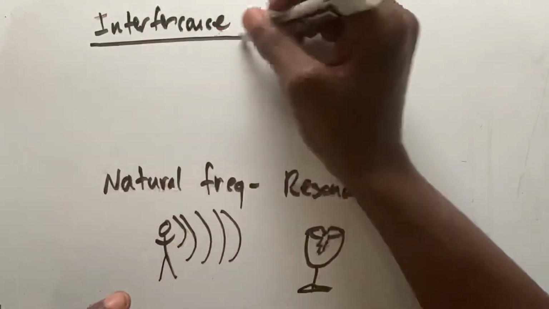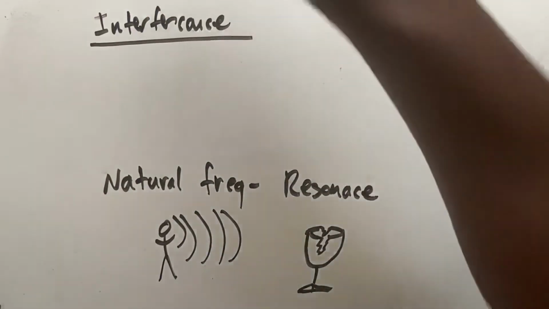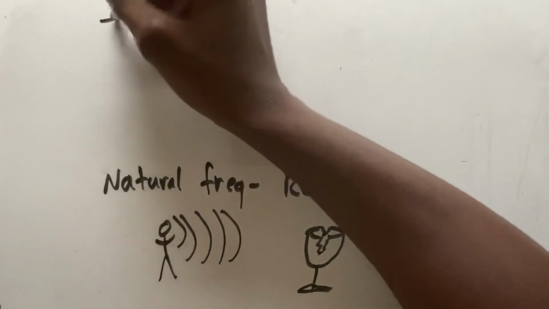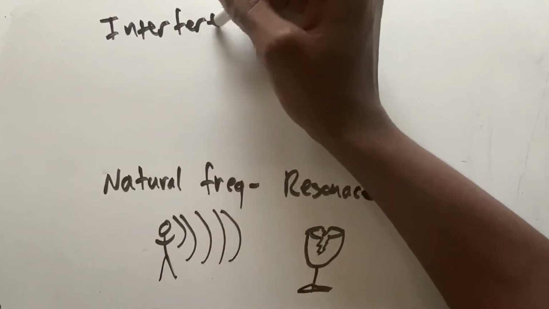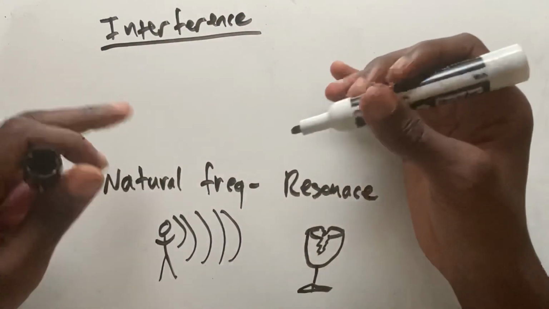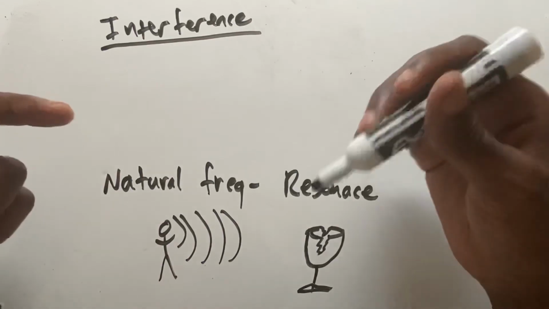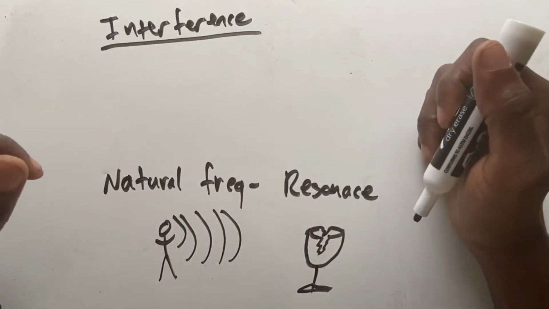Interference. There we go. So interference is kind of what the word says. It's when two waves interfere with each other.